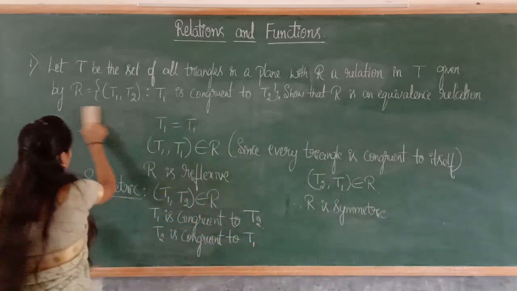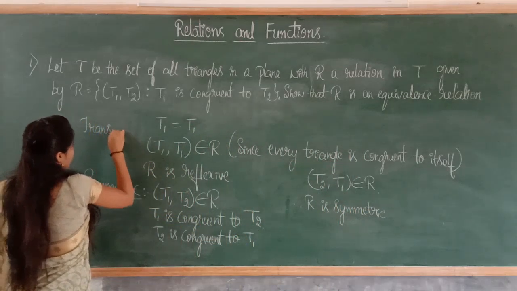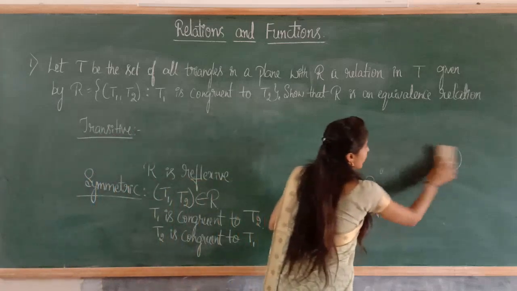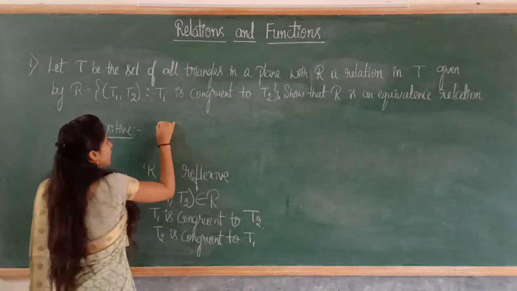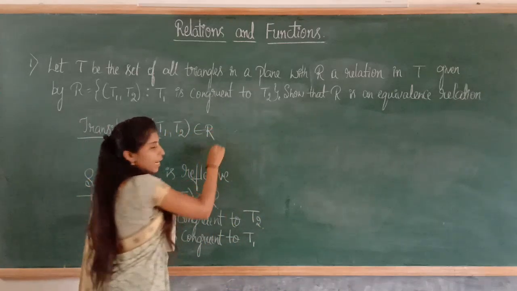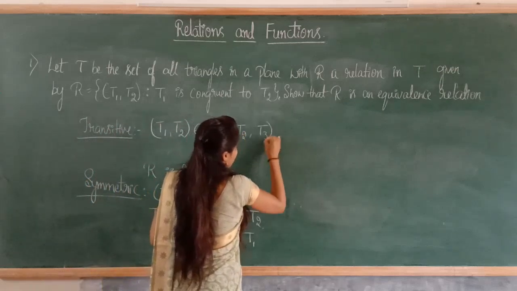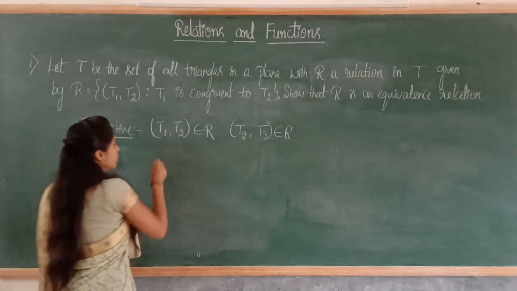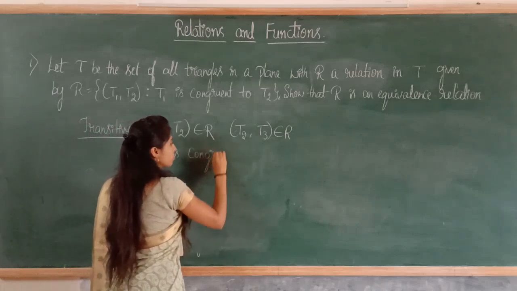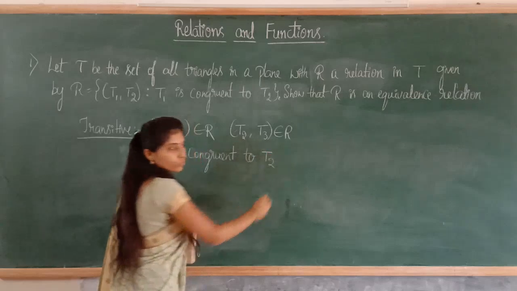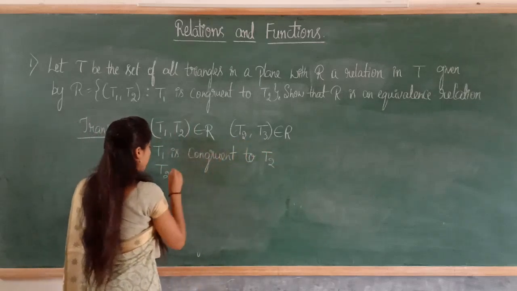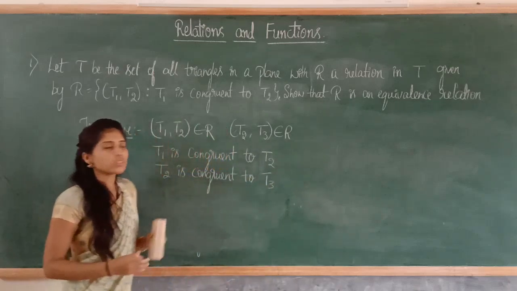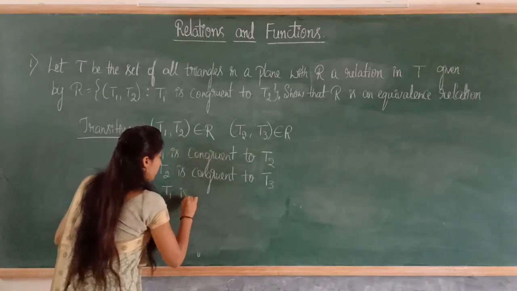Next is transitive. In the transitive condition, if (A, B) belongs to R and (B, C) belongs to R, then (A, C) belongs to R. So if (T1, T2) belongs to R and (T2, T3) belongs to R, the condition is: if T1 is congruent to T2 and T2 is congruent to T3, then of course T1 is also congruent to T3, right?